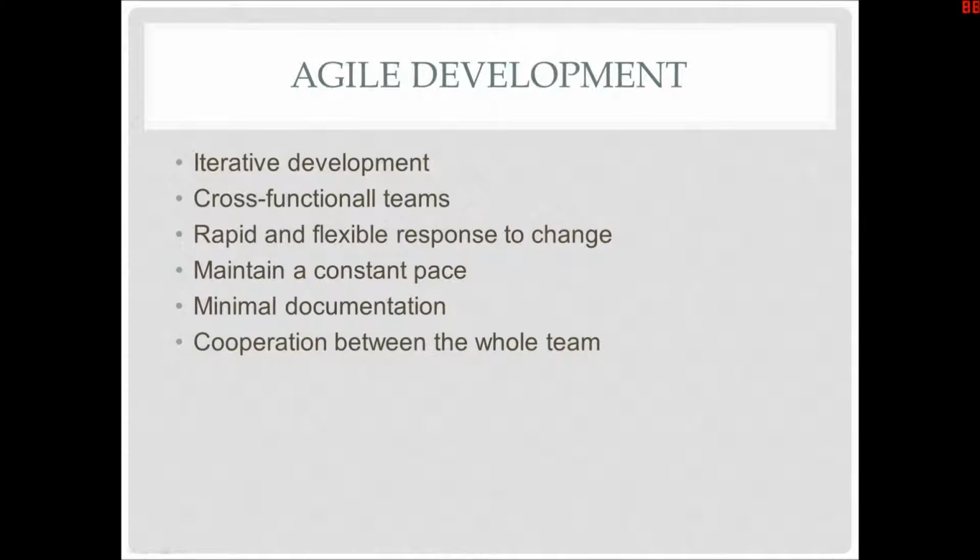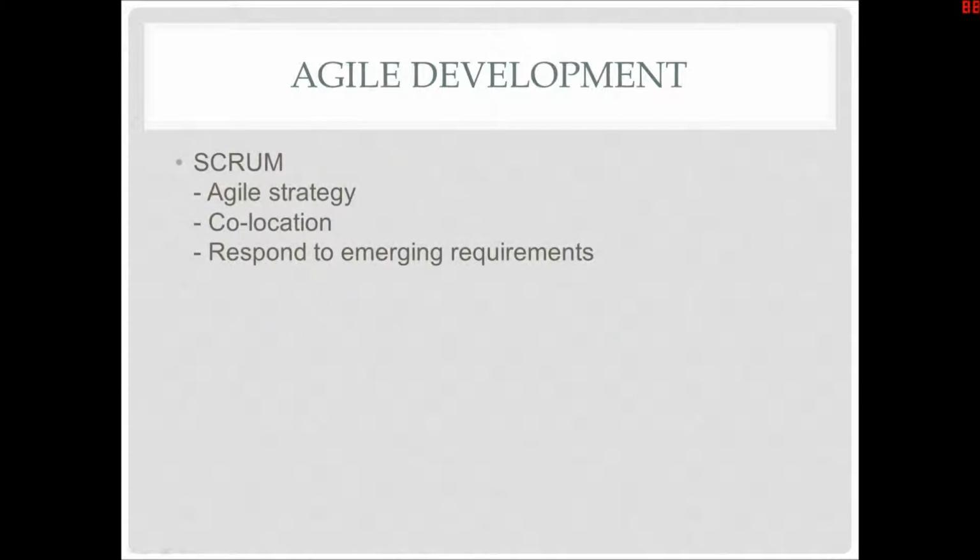Now within Agile development there are some more specific strategies. I'm sure you heard of Scrum. It recommends co-location, which means that you put the whole team under the same roof, in the same office, not necessarily only the testers and developers, but also management, sometimes even the customer.